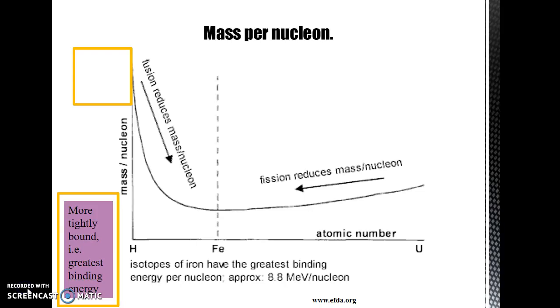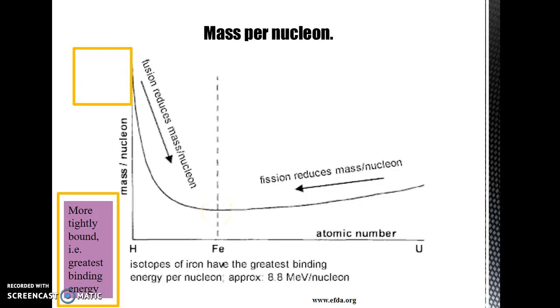This video is becoming a bit long now, so I'll rush off to finish this graph quickly. This shows that the nuclei whose nucleons have the least energy, and therefore the greatest binding energy, also have the least mass per nucleon. So this is the least mass per nucleon. So again, that's iron over there.